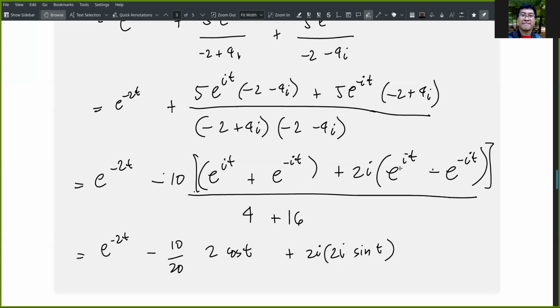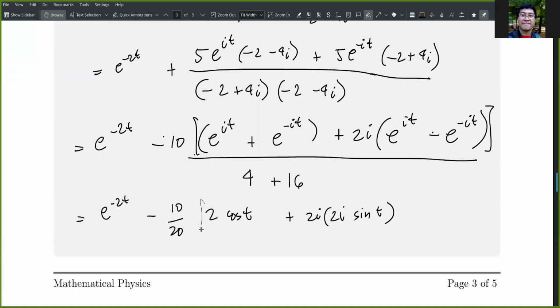If you add this, the final answer is e^(-2t). This is 10 times 2 is 20, so minus cosine of t. Okay, i times i is minus 1, so you'll have here plus 2 sine of t. That would be your inverse Laplace transform.